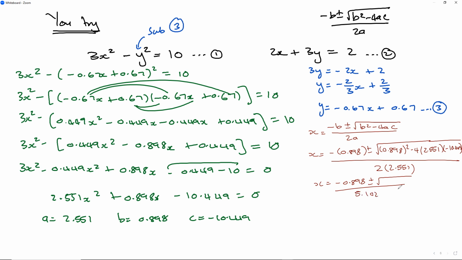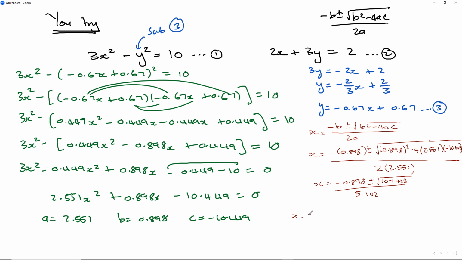And carefully, using brackets, put it in. Right, so 0.898 squared minus 4 times 2.551 multiplied by negative 10.449 comes to 107.428.